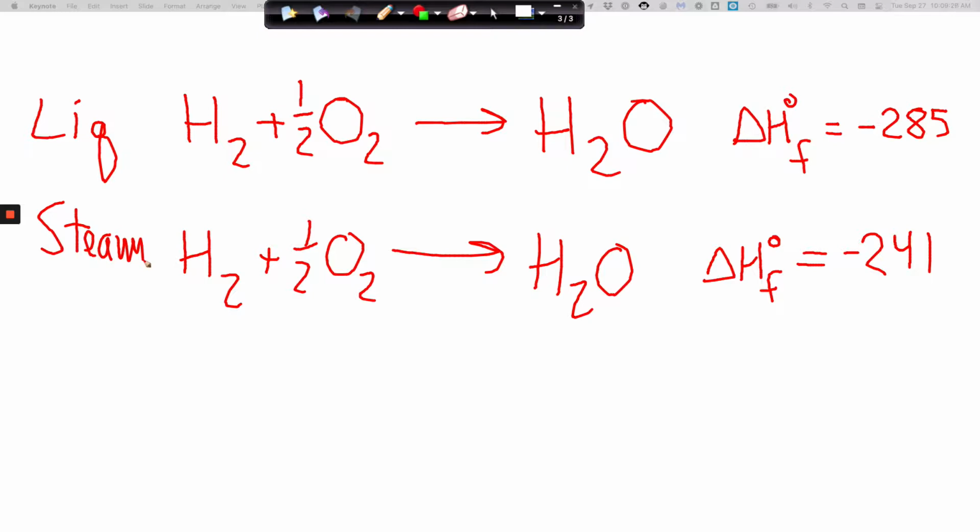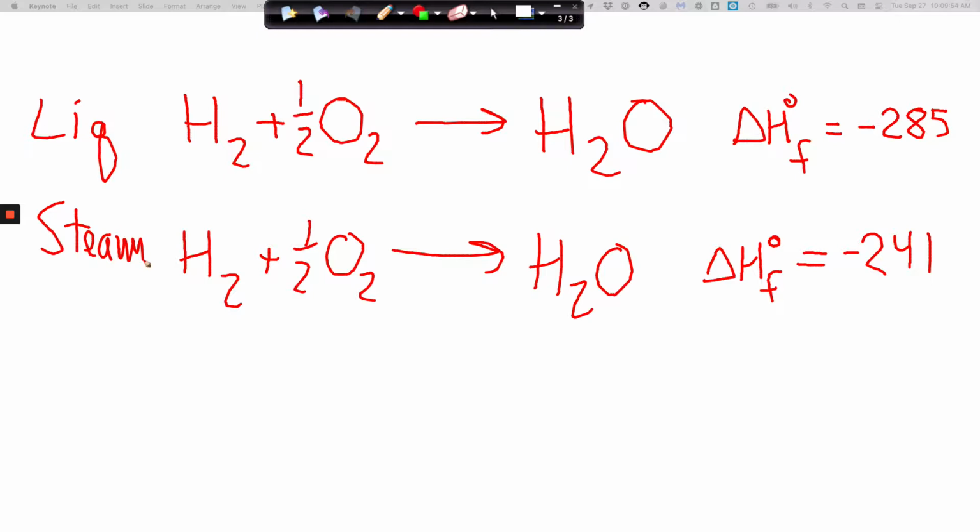We got to add more energy, right? Because this gets to 100 degrees, and guys, the temperature is not going up anymore. But when it boils, it's now 100 degree steam. But why does the steam have more energy? Because we have to put energy in the water to break the intermolecular forces. So the steam has more energy in it because of the phase change.